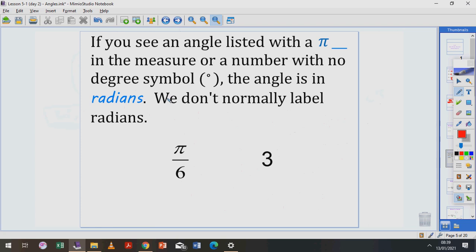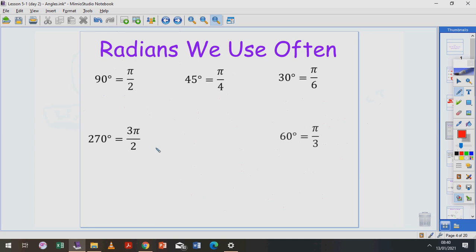You should be converting them. Convert them, don't copy. What is 70 there? 270. Why 270? 90, 45, 30, 60.